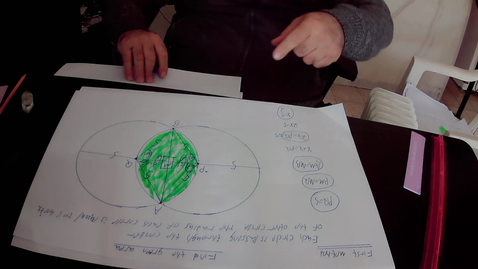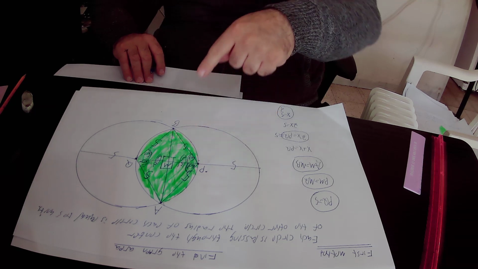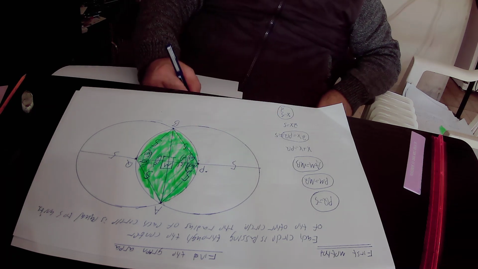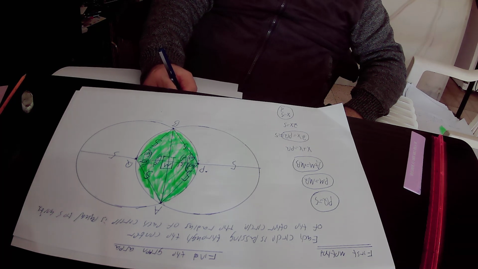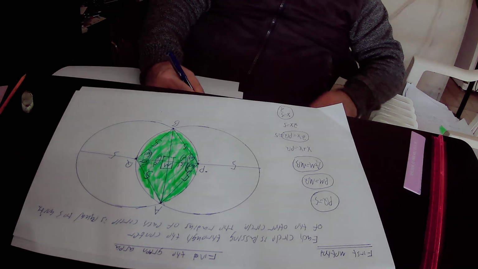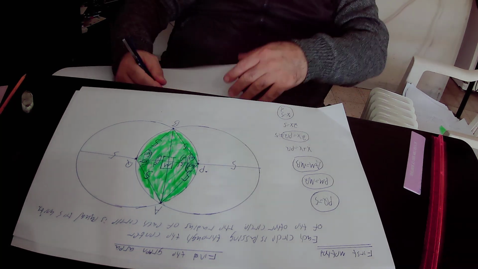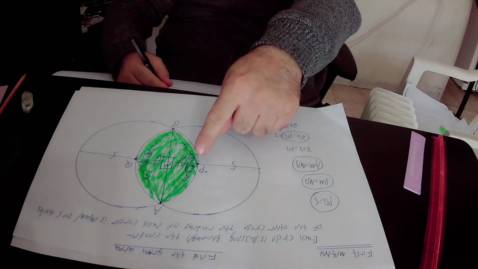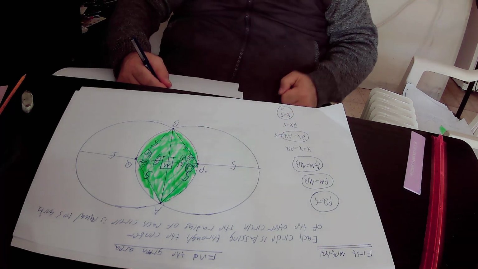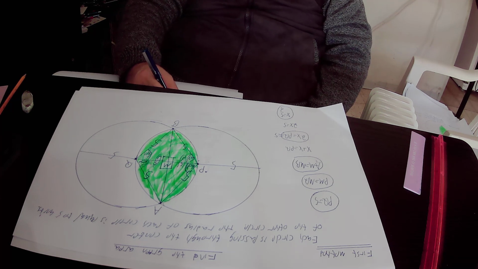What is the area of sector APB? The area of sector APB will be equal to pi r square times 120 degrees over 360 degrees.